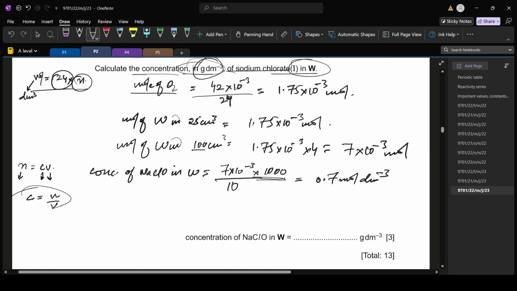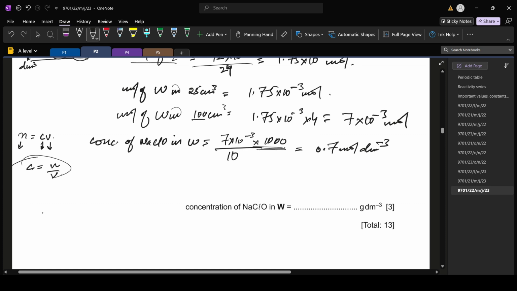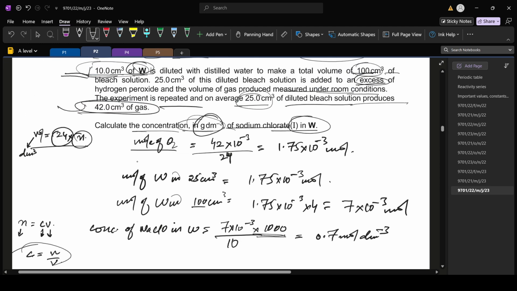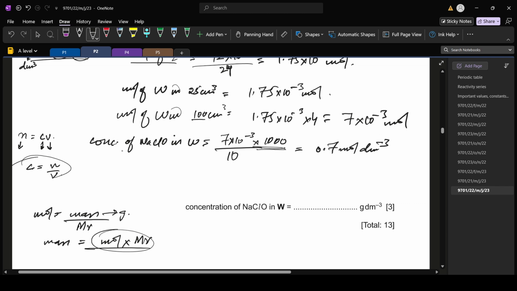To convert the moles into grams, you know that moles equals mass upon Mr, and this mass is in grams. So mass equals mole multiplied by Mr. Now you will calculate the Mr of NaClO.